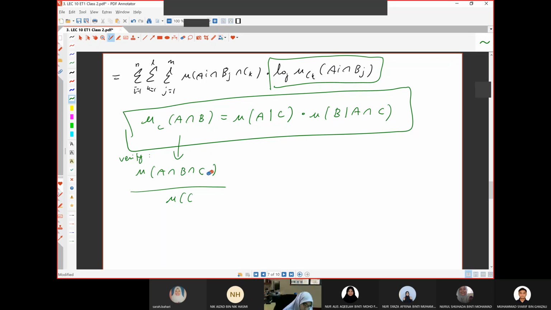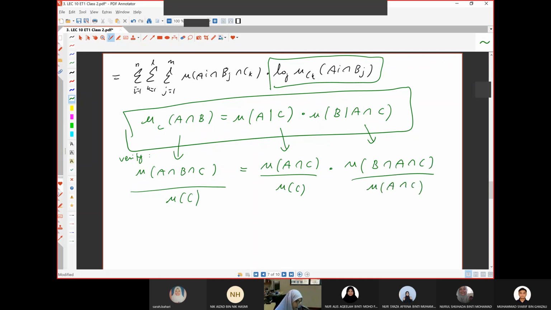So this one mu C is equal to, so here mu A intersect C over mu C, okay, multiply with mu of B intersect A intersect C over mu A intersect C. Okay, this one we use the definition of conditional measure.